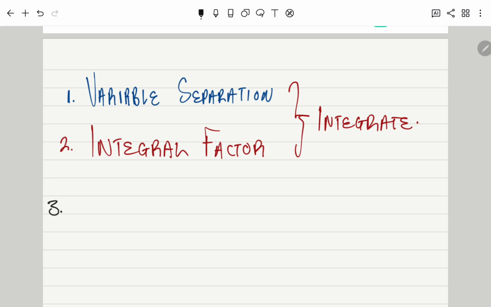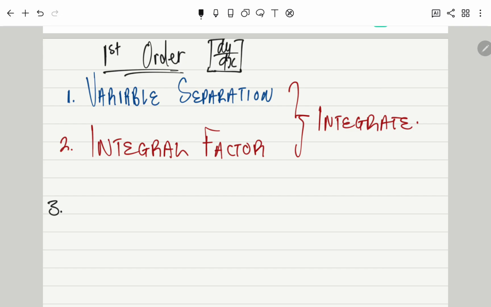Method number 3, what is it going to be now? Method number 3 is for homogeneous equations that are second order. These 2 first methods are for first order, which means you only have dy/dx. You are never going to have d2y/dx squared. You can never have the second derivative for these ones.